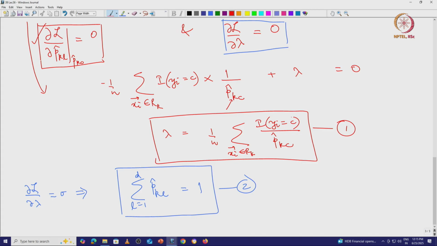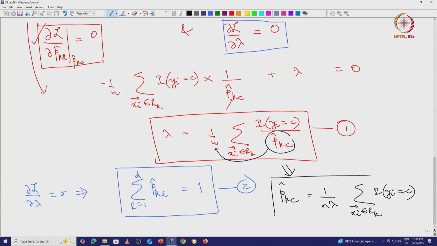Now, from equation 1 you can write an expression for p hat k c. So, p hat k c becomes 1 over n lambda, sum over x i belongs to R k of the indicator of y i equals c. We are able to do this because the region k is fixed here, so we can take it outside the summation.